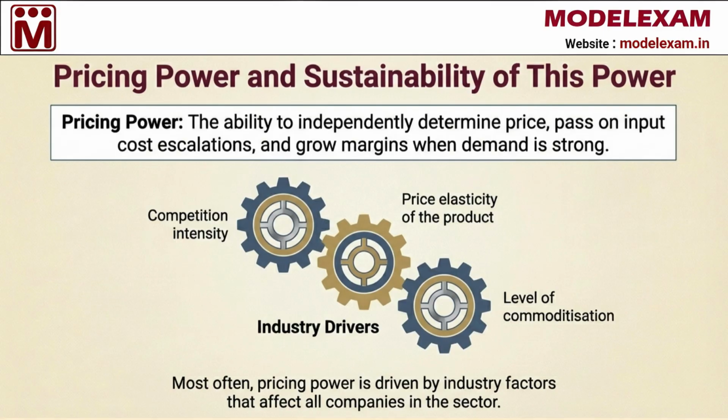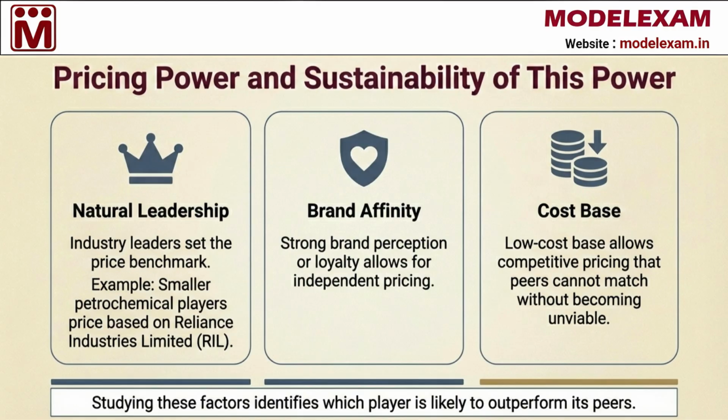First is competition intensity, second is the price elasticity of the product, and third is the level of commoditization. Most often, these factors affect all companies in the sector, determining how much control they have over their own pricing. However, some companies have specific factors that allow them to outperform the industry averages. There are 3 main pillars here. First is natural leadership.